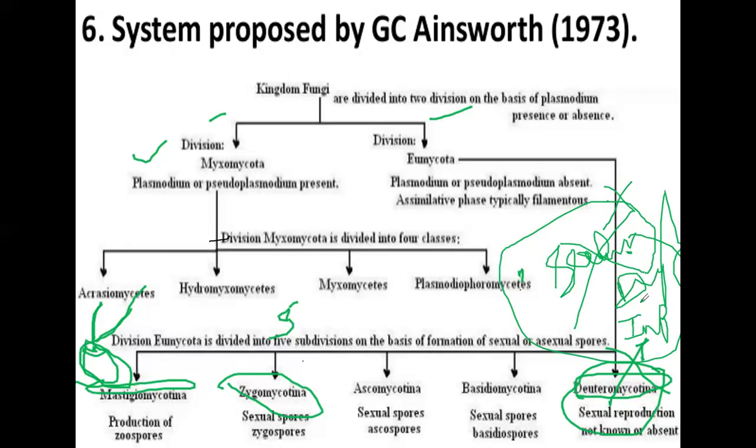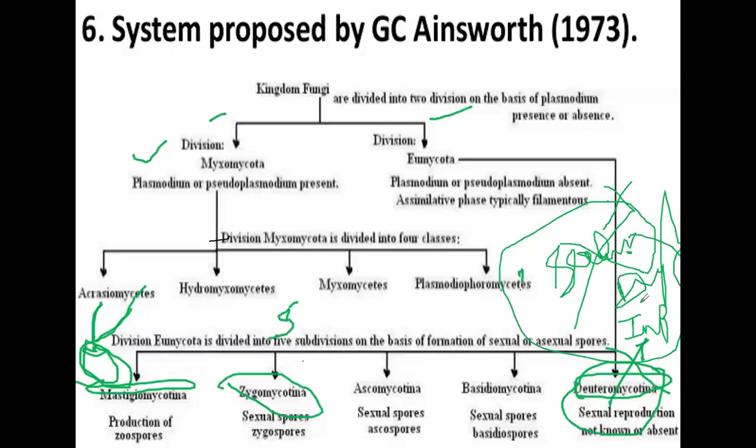If it has ascus bodies, fruiting bodies, and ascospores in sexual reproduction, they shift it from Deuteromycotina to Ascomycotina. If it has button-shaped fruiting bodies, they shift it to Basidiomycotina. If none of these four types of spores is found, it will remain in Deuteromycotina. Aspergillus, Penicillium, and so many species were first kept in Deuteromycotina.